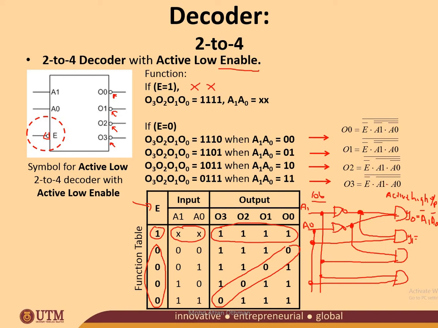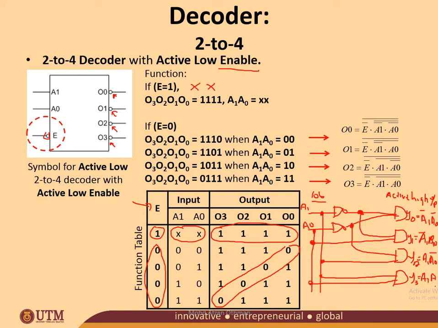I'm making a repetition again because I'm considering those who don't have the module. So A1, A0 inverted, and then you have Y2, A1 and A0 inverted, and Y3, we have A1 and A0.